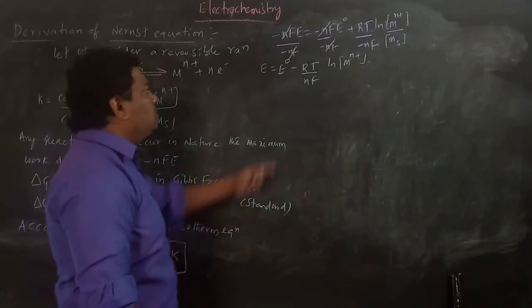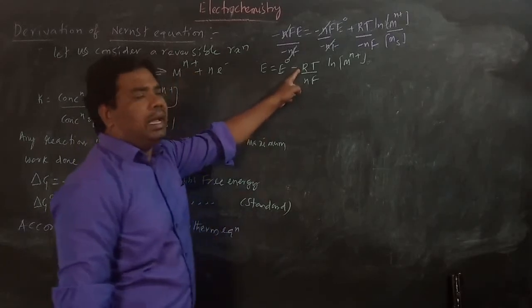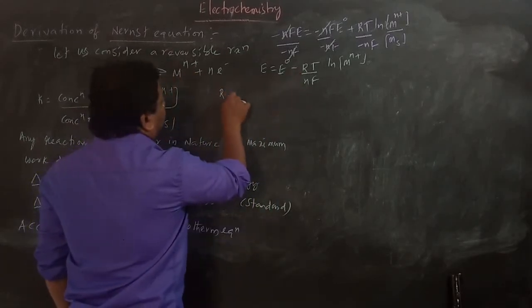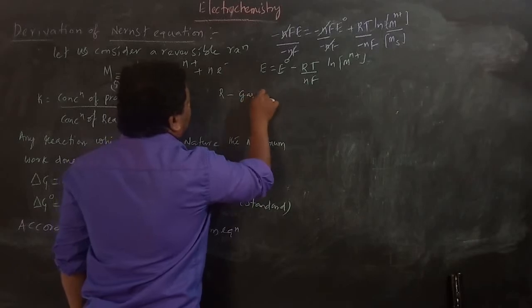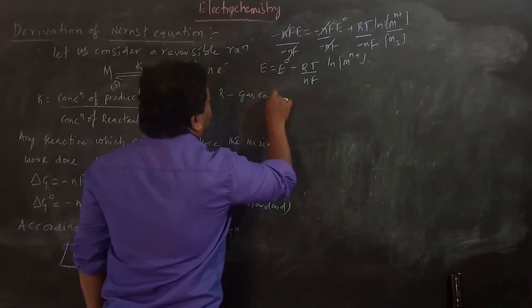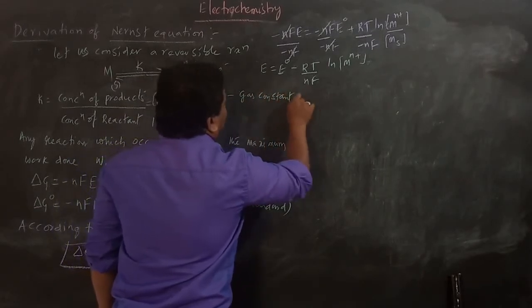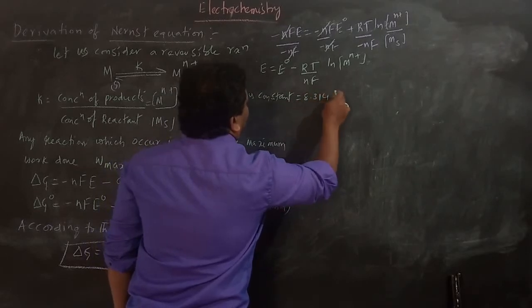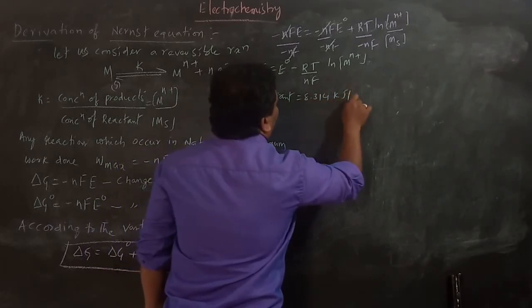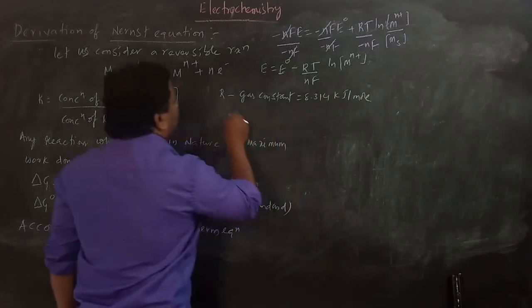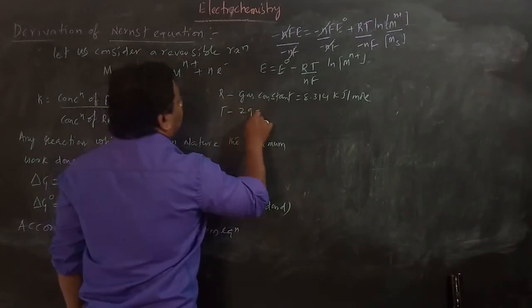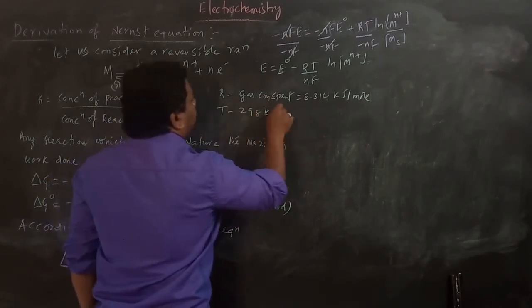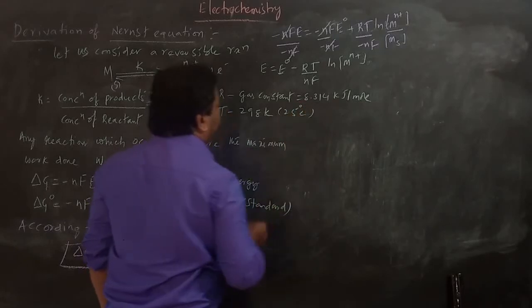Here R is the gas constant, equal to 8.314 joule per mole per kelvin. T is 298 Kelvin, that is at 25 degrees Celsius.